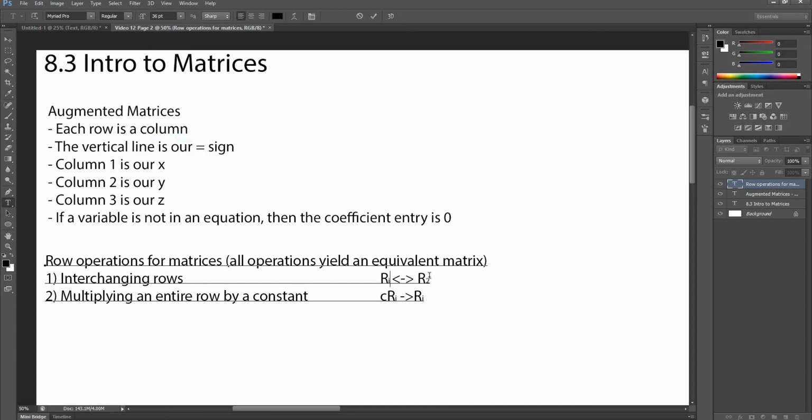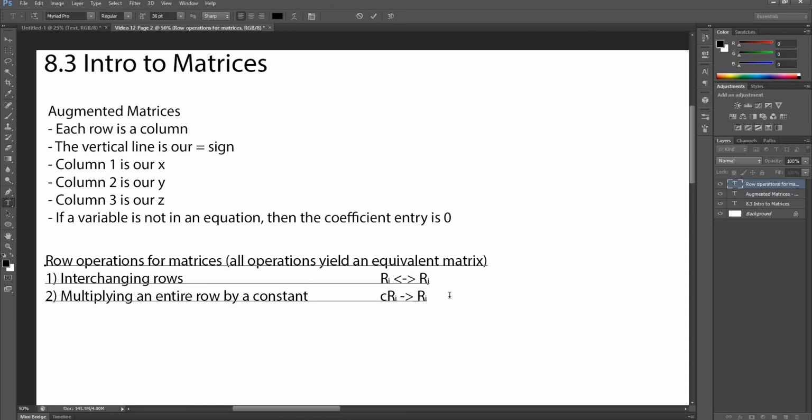So this should be an I, and this should be a J. I'm just switching any two rows. For the second operation, I'm taking a constant, multiplying it by a row, and putting it back into the same row.